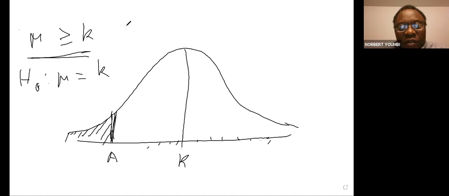If it was that mu is less than or equal to k, then when it is to the left of k, we will still be okay. We will not reject the null hypothesis.